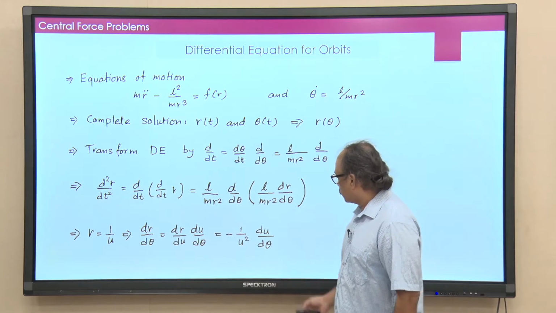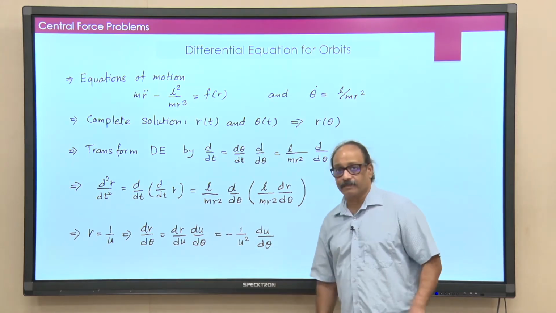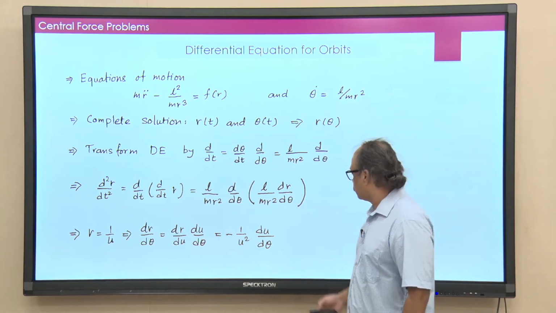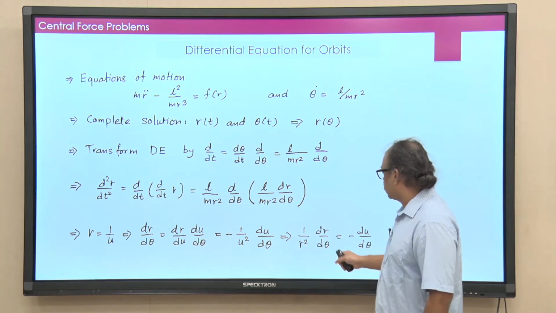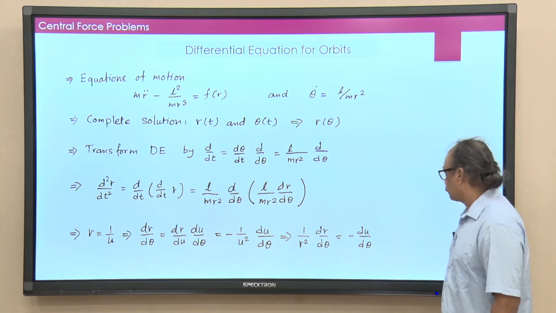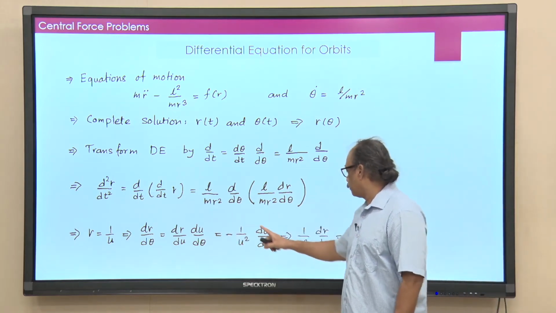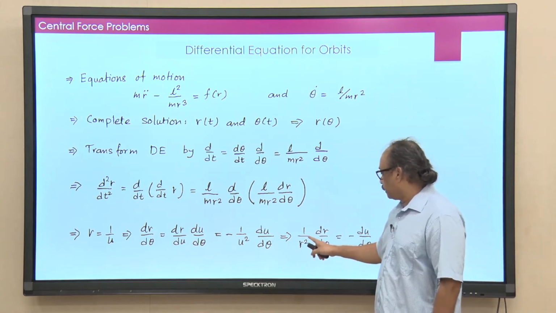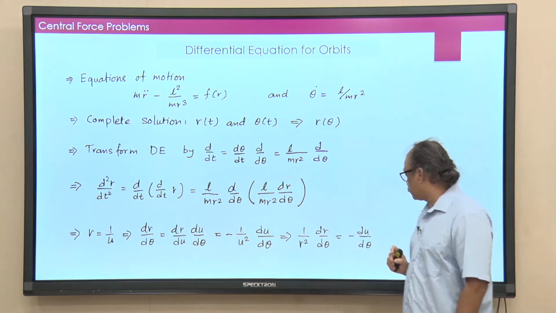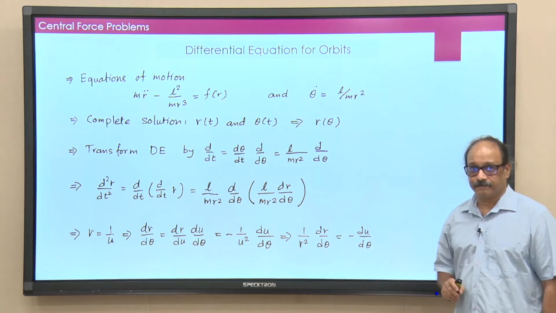So, I will substitute that here. So, you get minus 1 over u square into du by d theta, and you put this back into this equation here. So, this one basically, if I take this u square to the other side, it will go to the numerator, and then I will replace it by 1 over r again. So, 1 over r square dr by d theta, this is nothing but minus du by d theta.